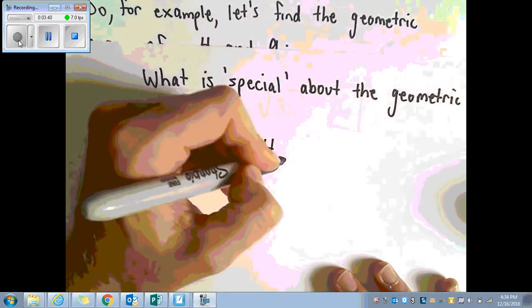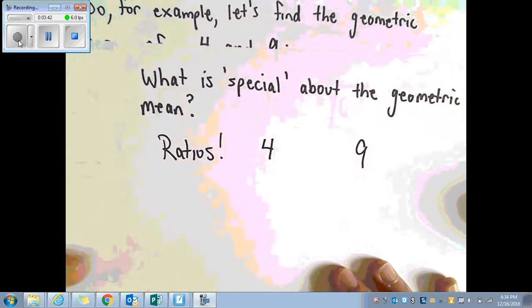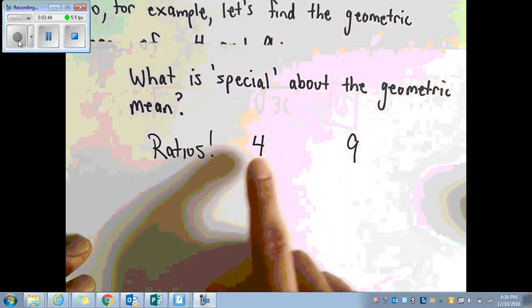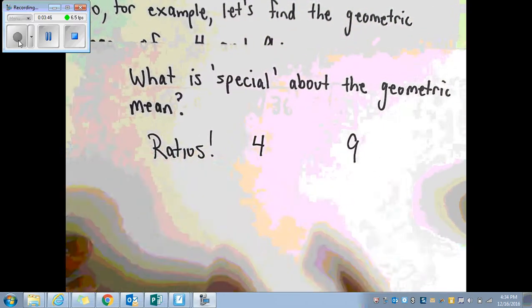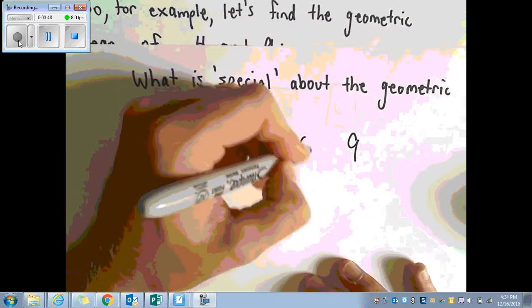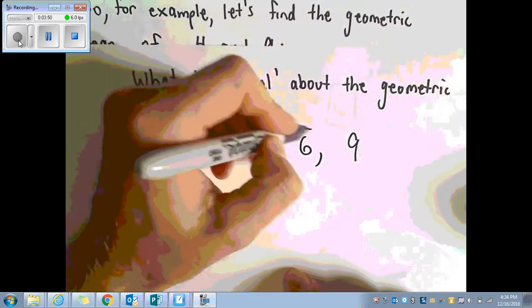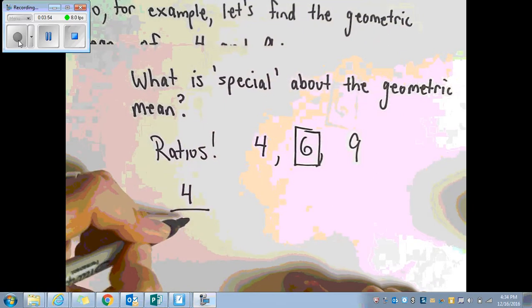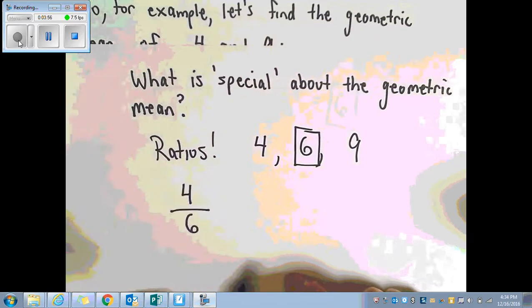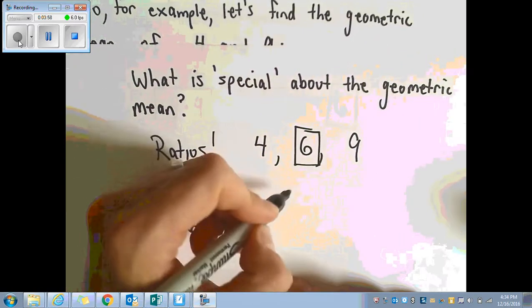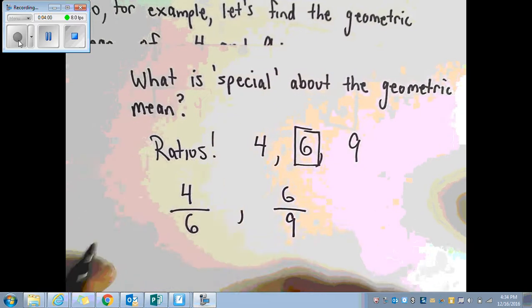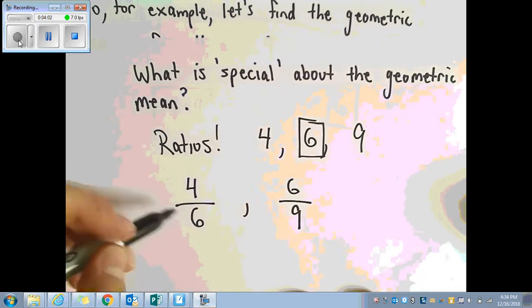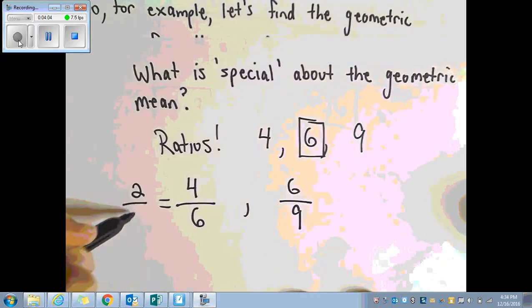Okay, so we started with 4 and 9. Those were the numbers that we were finding the geometric mean of, and we found that geometric mean to equal 6. Well, notice if we look at the ratio 4 divided by 6, and then the ratio 6 divided by 9, 4 over 6 reduces to 2/3.